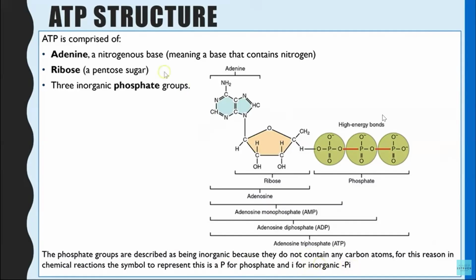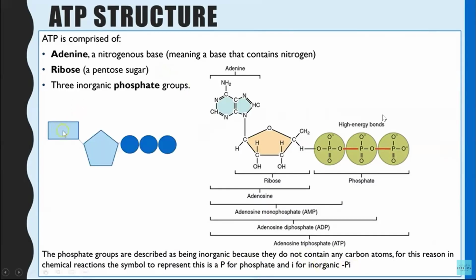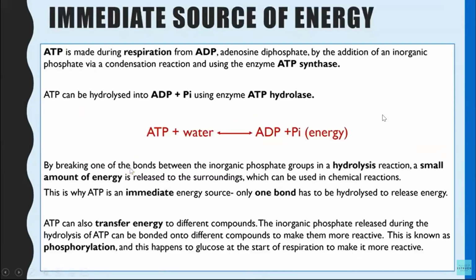Now for AQA, the level of detail you need to remember for that structure is just the shape. You don't need to know any of the individual atoms. You just need to know you have an adenine base, ribose sugar, and 3 inorganic phosphates. So ATP is made during respiration.